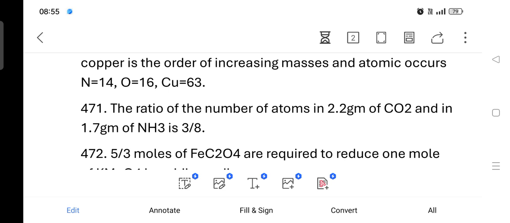The ratio of the number of atoms in 2.2 grams of CO2 and in 1.7 grams of NH3 is 3 by 8.